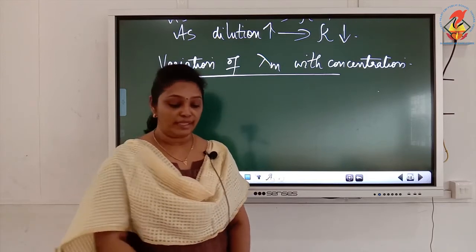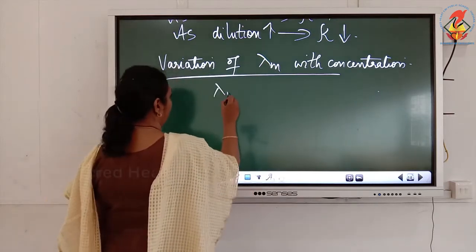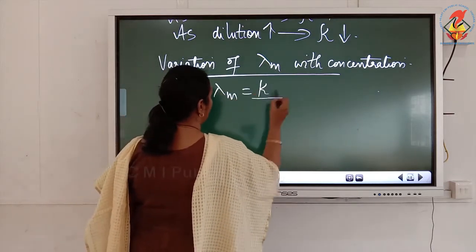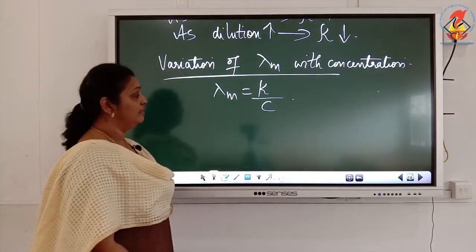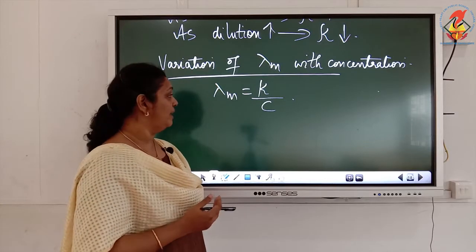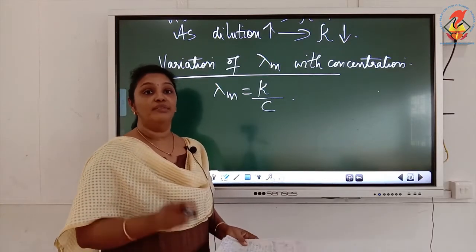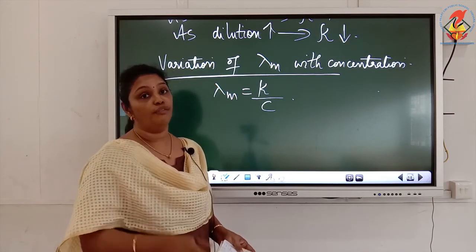And we know that the expression for molar conductivity is lambda m equals conductivity kappa by C. This is the expression when kappa is in Siemens per meter and molarity is in mole per meter cube. And we know in molar conductivity we consider 1 mole of electrolyte.